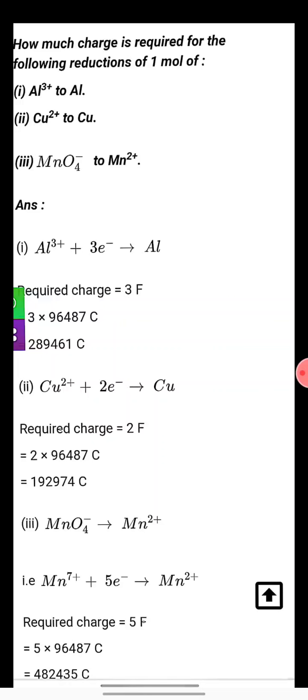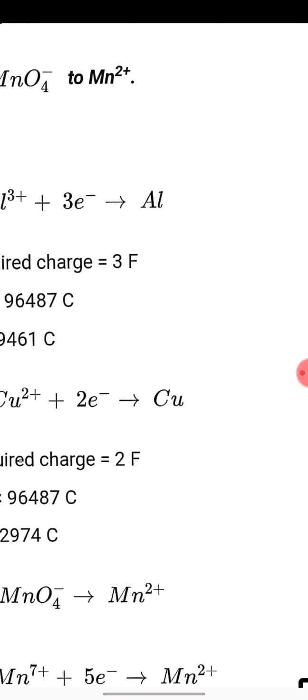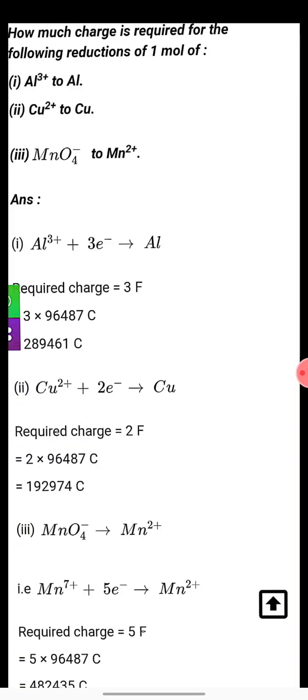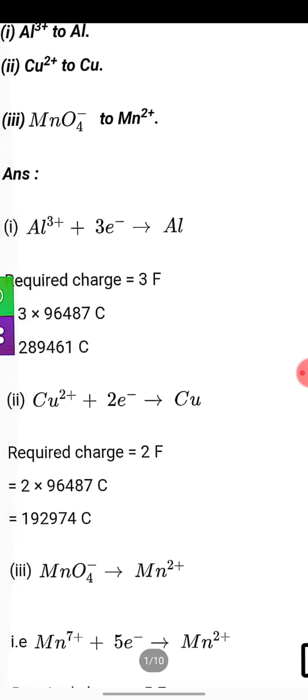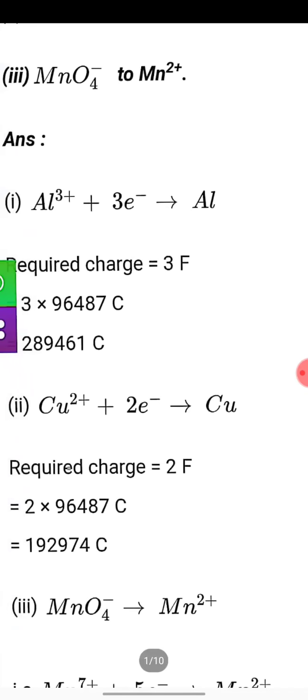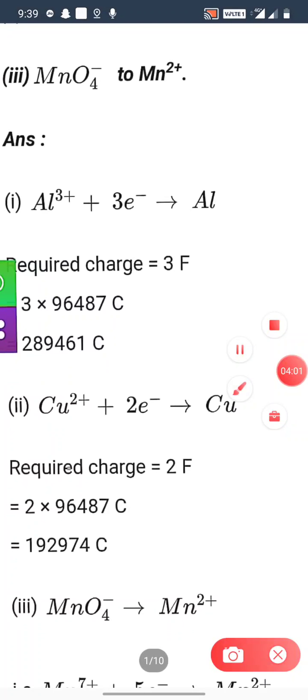These are very simple numericals, and I have already discussed a few of such type of numericals with you while I was explaining the law to you. As you can see in the first case, Al3+ is getting converted into Al. So to convert 1 mole of Al3+, 3 moles of electrons will be needed, and 1 mole of Al will be produced.